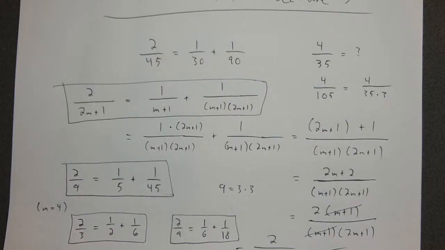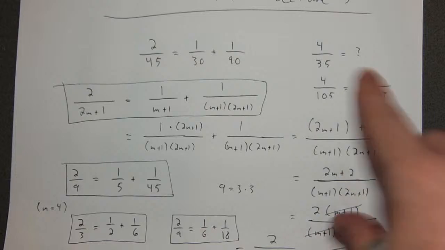And so what this method tells me is that being able to factor numbers into their divisors has something to do with being able to write these.